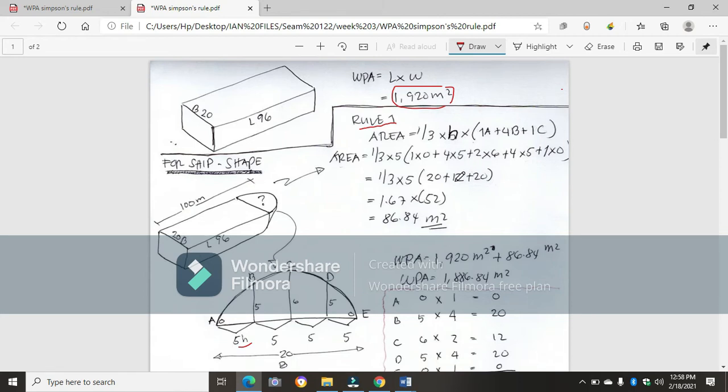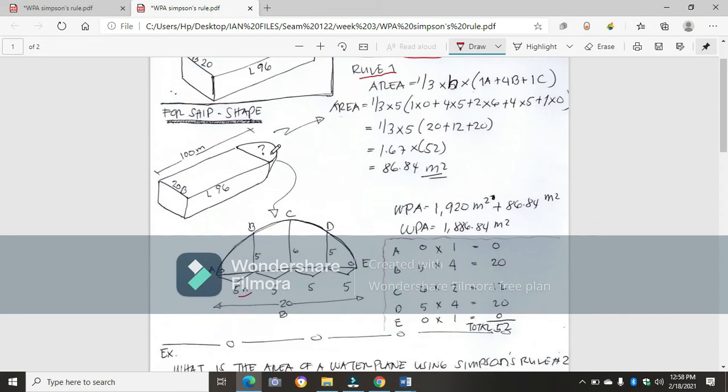Now we will draw the curve from here. We will put ordinates 1, 2, 3, 4, 5, five ordinates. We will mark them as A, B, C, D, and E. Each distance here from A to B is 5, from B to C is 5, C to D is 5, D to E is 5.